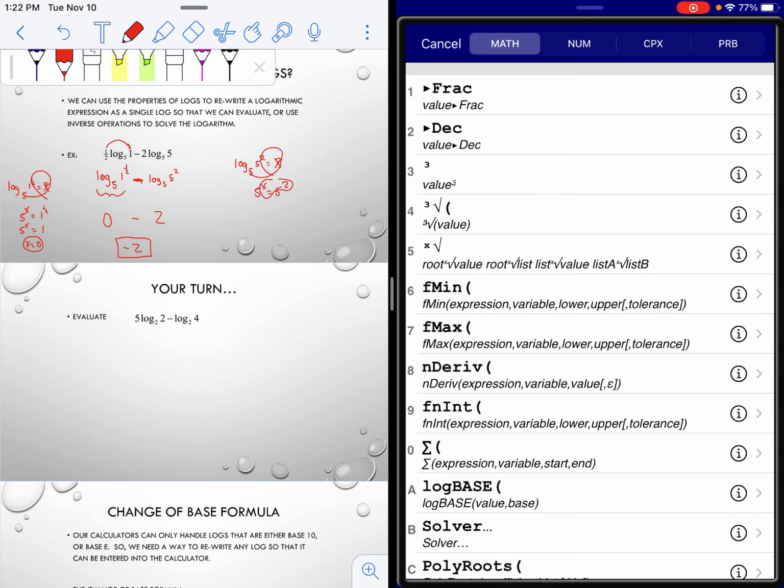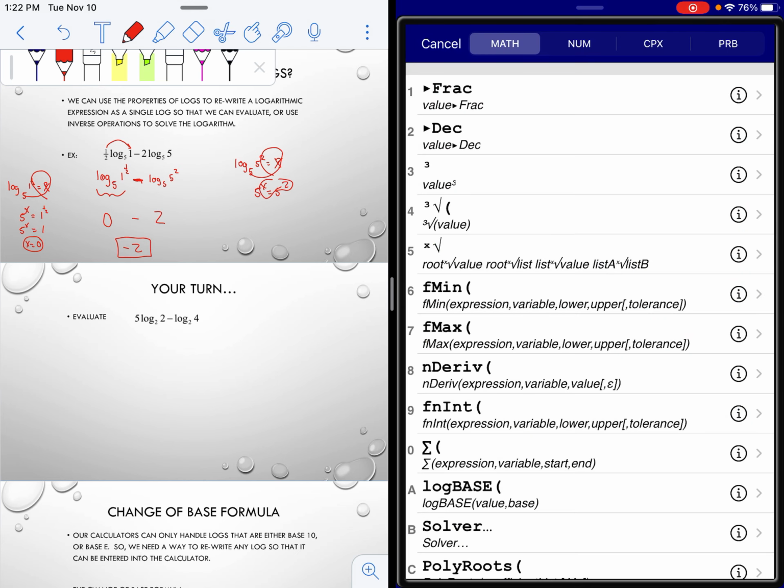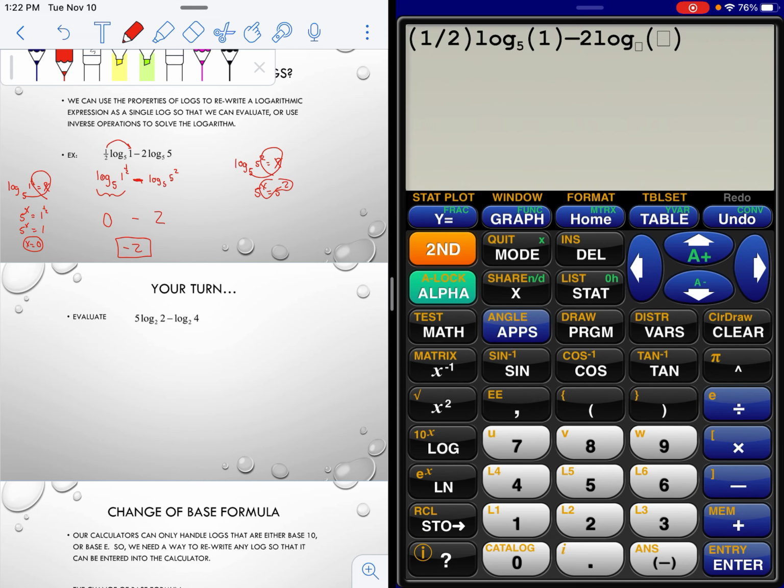So 1/2, hit math, option A, log base 5 of 1, minus 2, and then again go to your log base, log base 5 of 5, and we do get -2. Are there any questions with that?